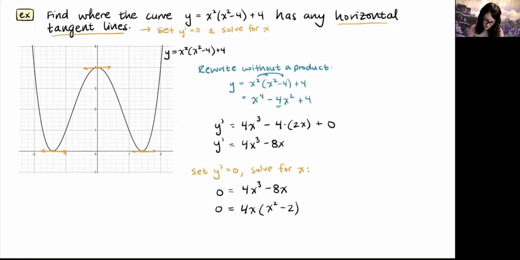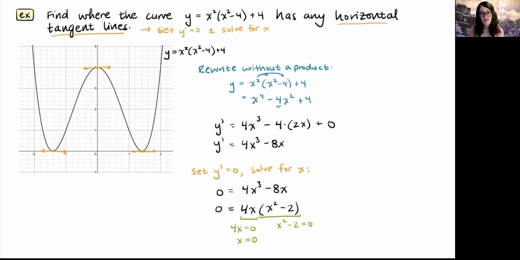So all we need to do now is set each of these factors equal to 0. So we'll set 4x equal to 0. And we'll set x squared minus 2 equal to 0. 4x equals 0 when x equals 0. X squared minus 2 equals 0.